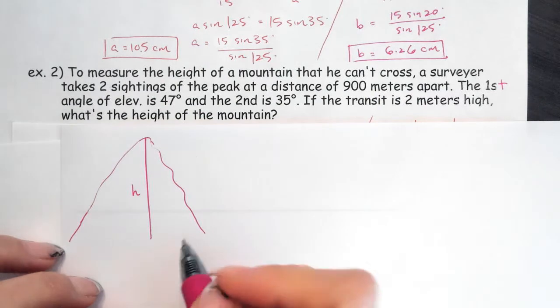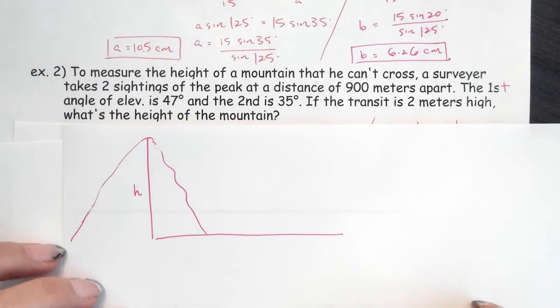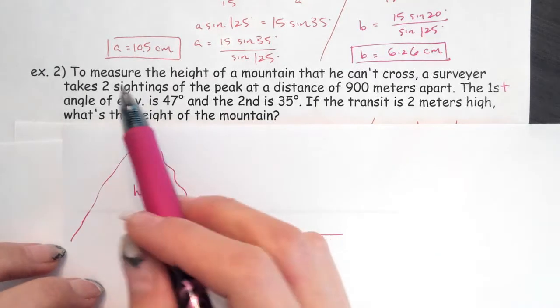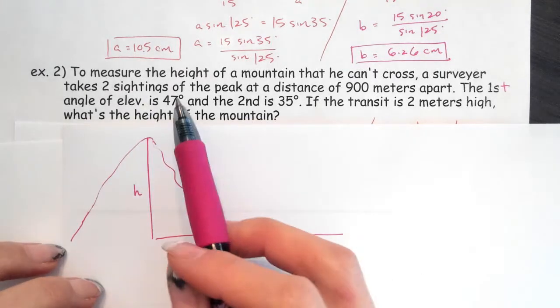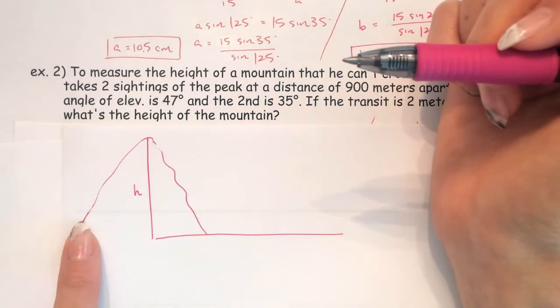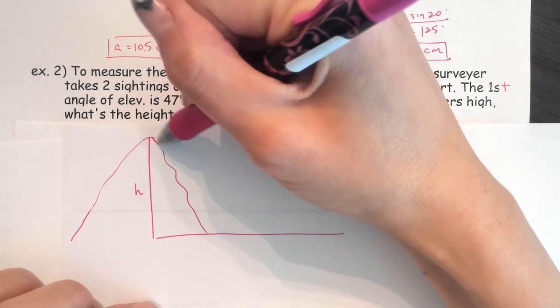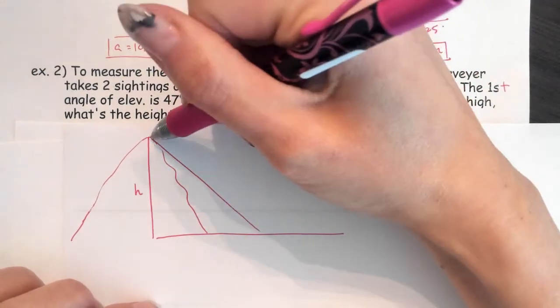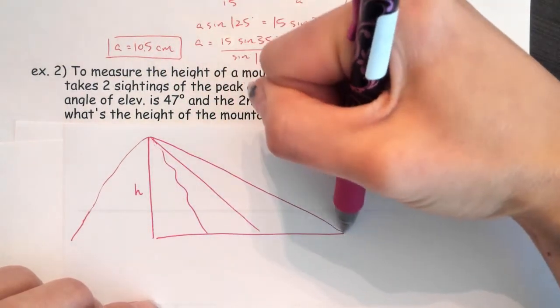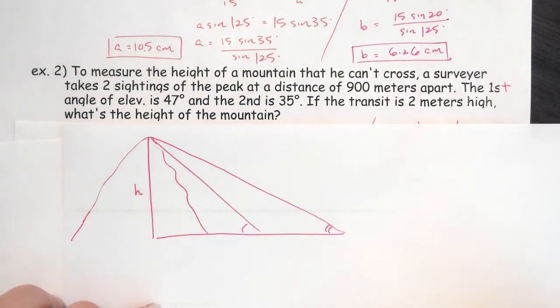Okay, and then there's the regular land. All right, and then he takes two sightings that are 900 meters apart. So the two sightings aren't going to be here and here. The two sightings are going to be on the same side. So over here somewhere and then over here maybe are your two angles of elevation.